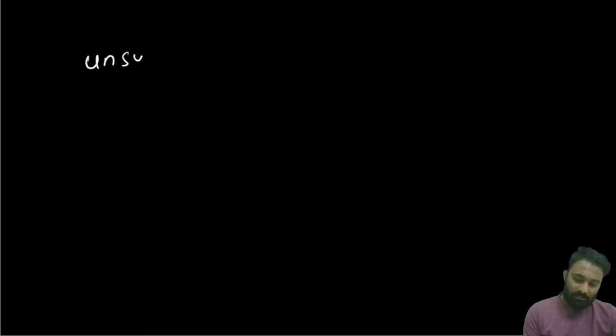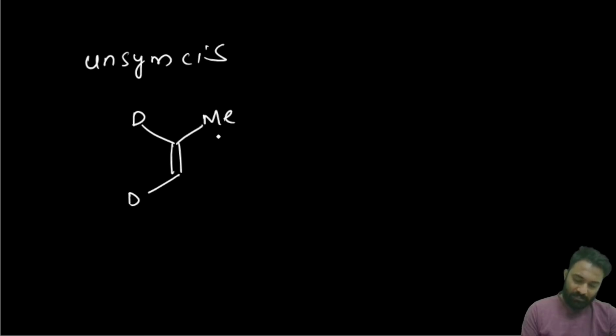Then the next very key point you have to remember is unsymmetrical cis. Unsymmetrical cis means the deuteriums are on the same side, one is methyl, one is ethyl.